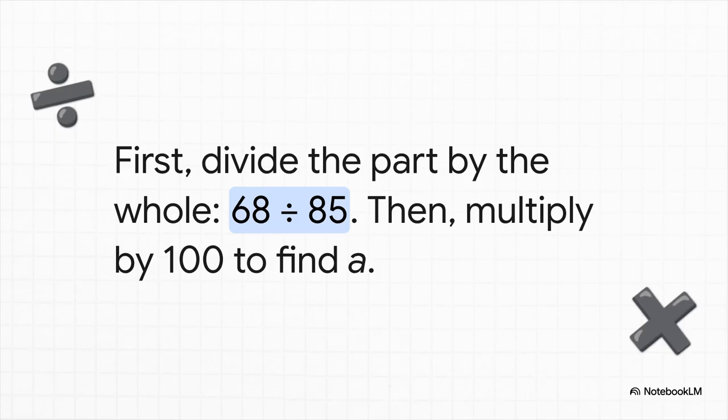We do that by dividing 68 by 85. That's going to give us a decimal. Then, how do we turn that decimal into a percent? You know this. We just multiply it by 100. You do the math, and what do you get? 80. The missing value a is 80, so 68 is 80% of 85. See how it all just fits together perfectly?